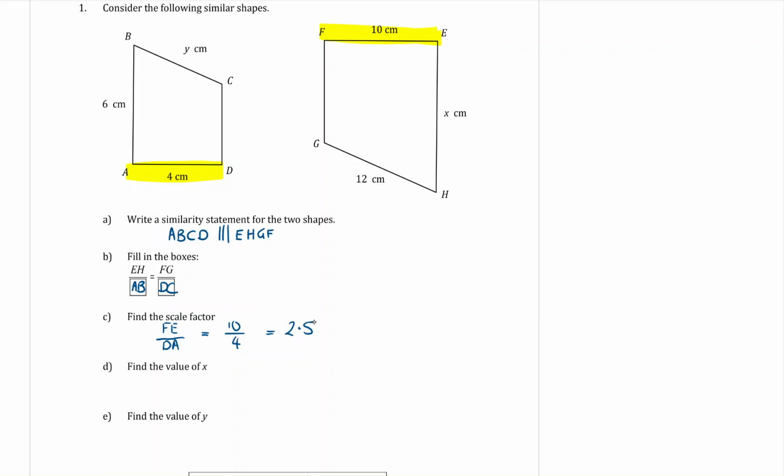Okay? Then in part D and part F, we want to find some missing values that are on those quadrilaterals. Now, you can use the scale factor that we've already found, and you can either times or divide, but it's easier if you make the fraction each time, because then you can put the pronumeral on top where you want it to be. For example, let me show you what I mean. So if I'm trying to find x, which is what I want for part D here, x is this side here.